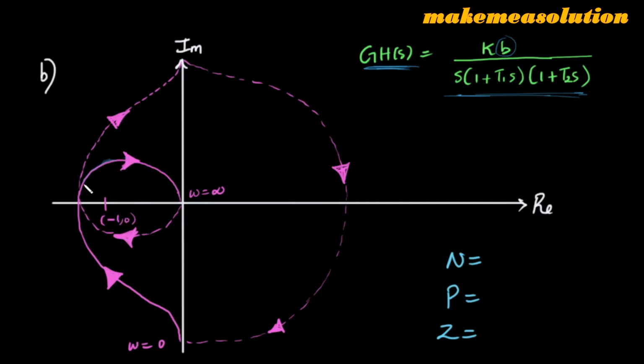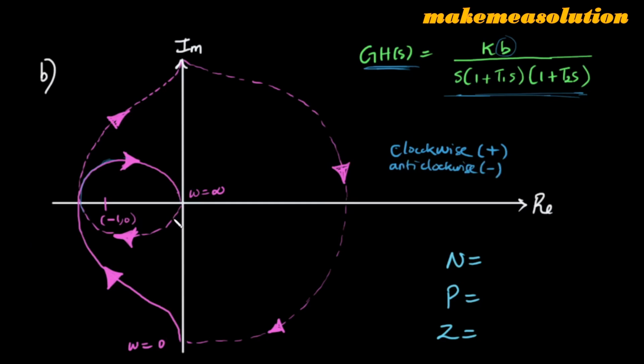The first cycle is this one. Remember, there is a convention: clockwise encirclements should be positive, while anti-clockwise encirclements should be negative.